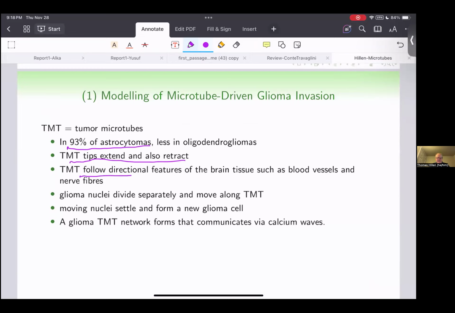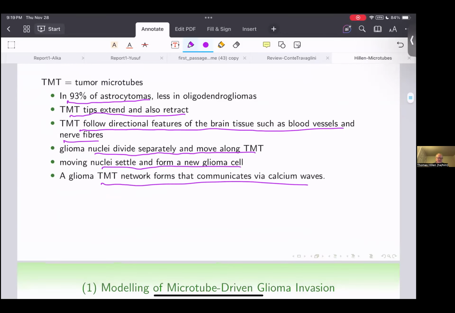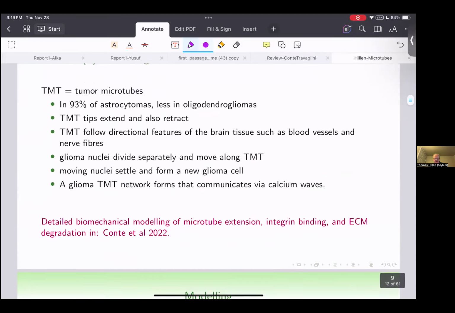The tumor microtubes follow directional features of the brain tissue, like blood vessels and nerve fibers. The nuclei divide separately and move along the tumor microtubes, and then they settle and form new glioma cells. And then a network forms which communicates via calcium waves. We want to model all this, except the last one, we didn't do that, but maybe this comes later.